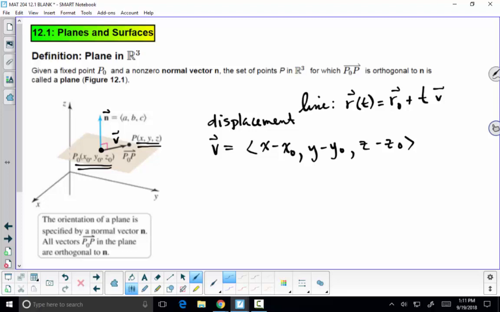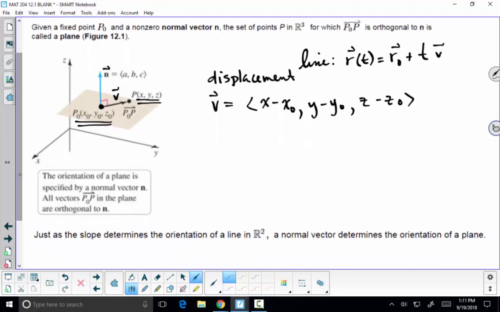This normal vector, we'll just use a, b, c for the normal vector throughout the term. What's going to be true about n and v? What's their relationship? Dot product is 0, right? If we have a vector normal to the plane, any displacement vector coming off of x naught, y naught, z naught has to dot to 0 with n.